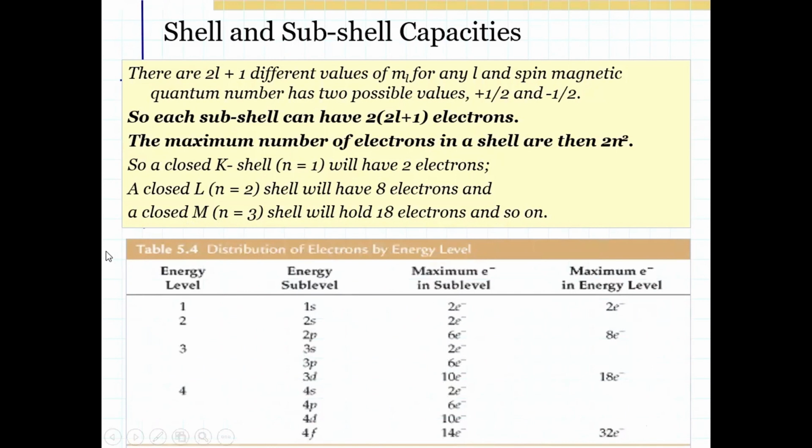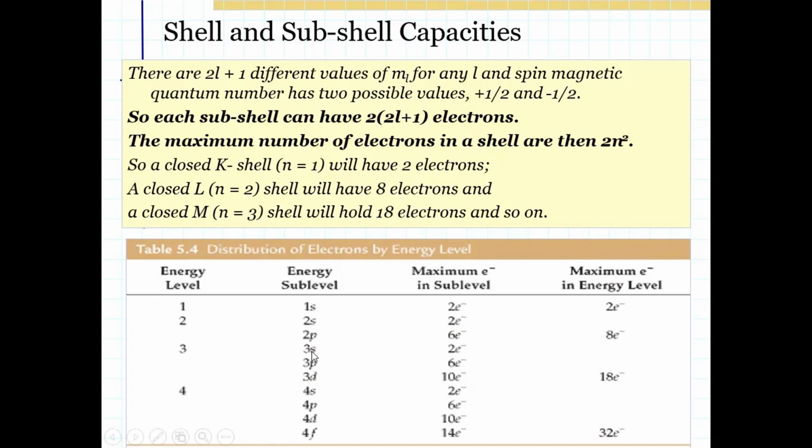If we want to see the distribution of electrons by the energy levels and in the subshells, we can see that they are distributed according to the energy levels, the first, second, third, and so on, and 1s, 2s, 2p, 3s, and 3p.